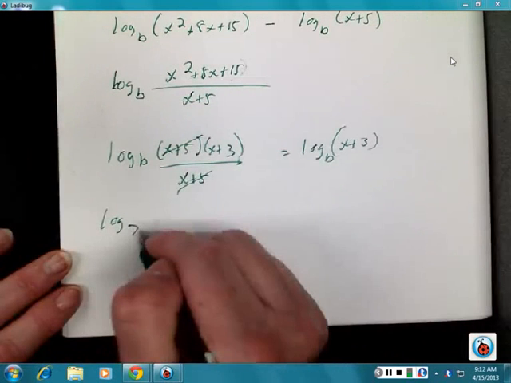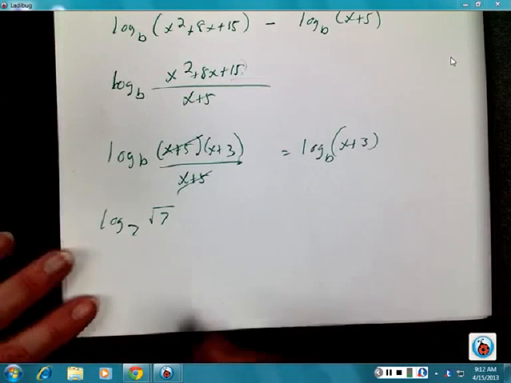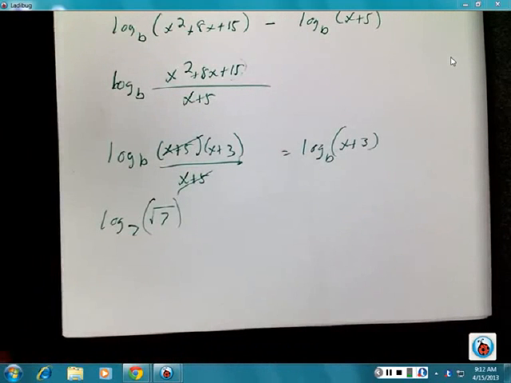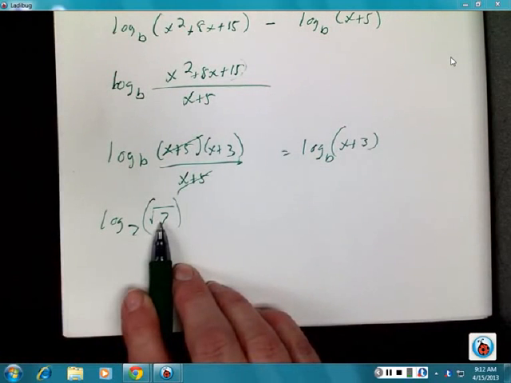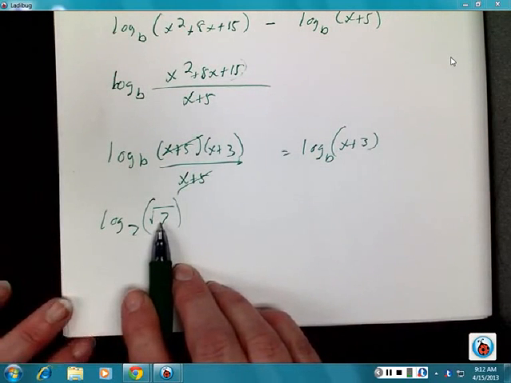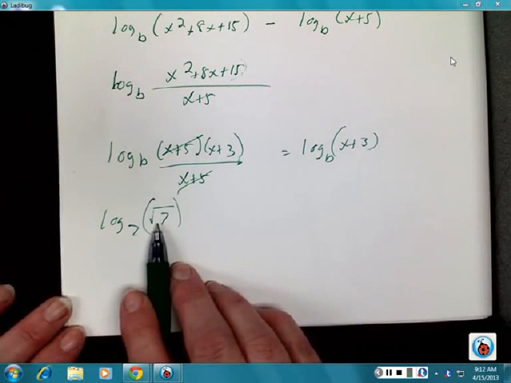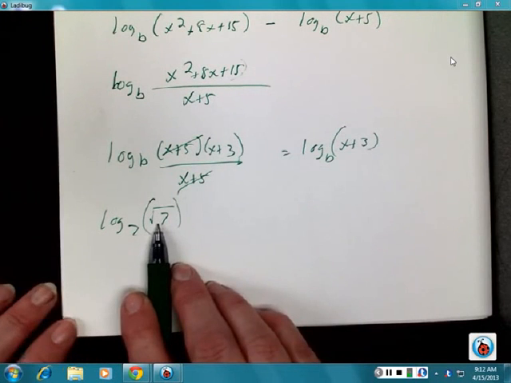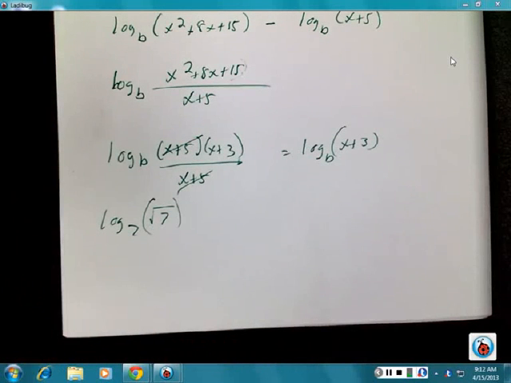Log 7, the square root of 7. What in the world is that going to break out to? Well, square root means, what does the square root mean? What do you know from way back when? Come on. What's the square root? Square root's as an exponent.